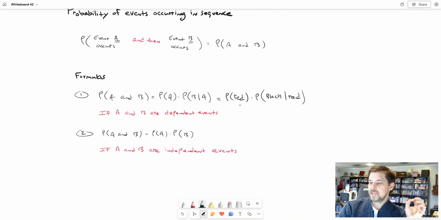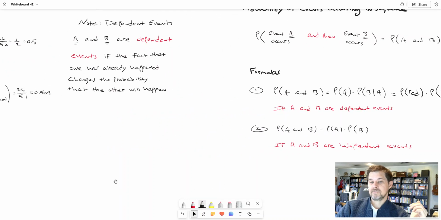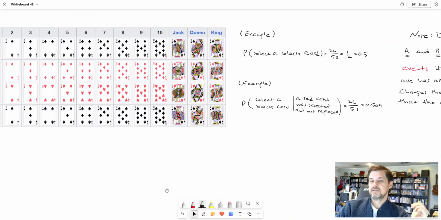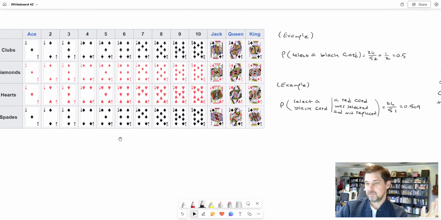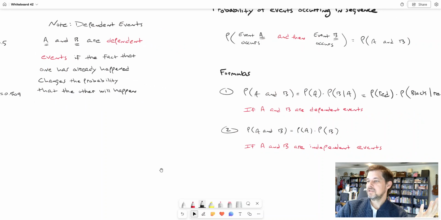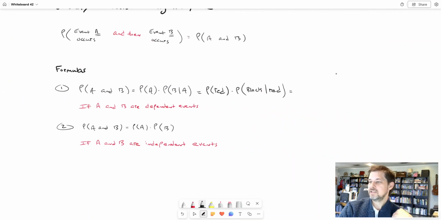What's the probability of selecting a red card? Well, you look back at that deck of cards I've got mapped out over here. There are 52 cards total in this deck, and there are 13 diamonds, 13 hearts, so 26 red cards, so that's going to be 26 out of 52. And then times the probability of selecting a black card given that you took a red card out of the deck and you didn't put it back.